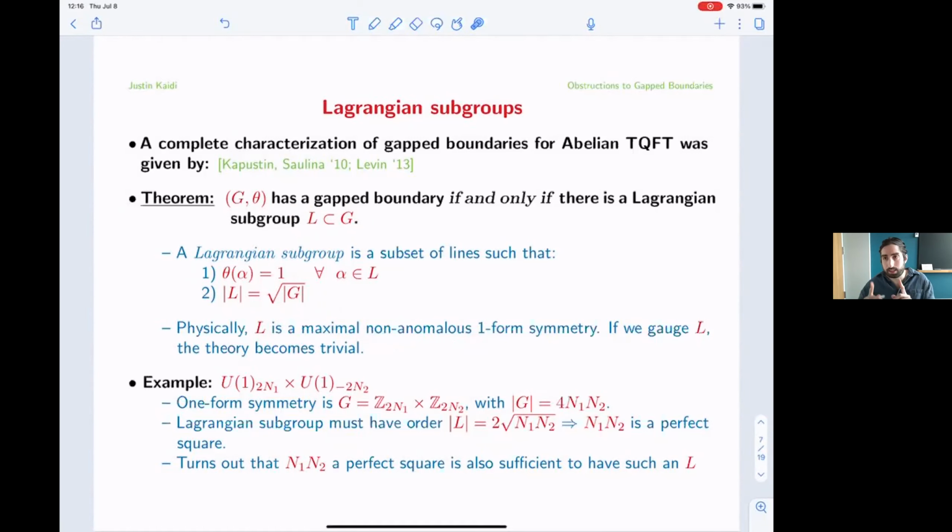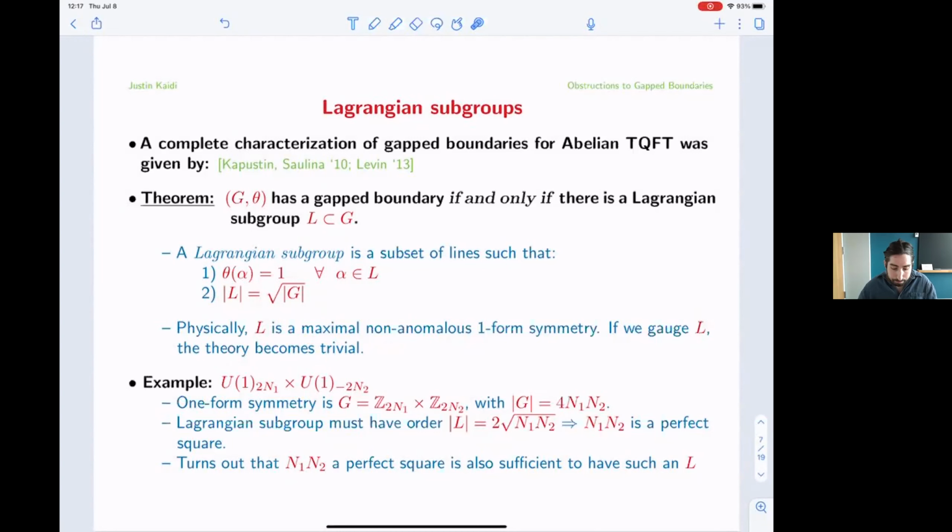Okay, basically because if the twists are trivial, the braiding is trivial, then it turns out you can proliferate a mesh of these things, as we'll see in a moment, in some unambiguous manner. And so this is where the non-anomalous comes from. And the maximal part comes from this condition on the size. Okay. So we're going to talk more about this in just a moment. But yeah, it turns out that if we gauge this Lagrangian subgroup, the theory becomes trivial. And we're again going to discuss this in more detail in a moment.